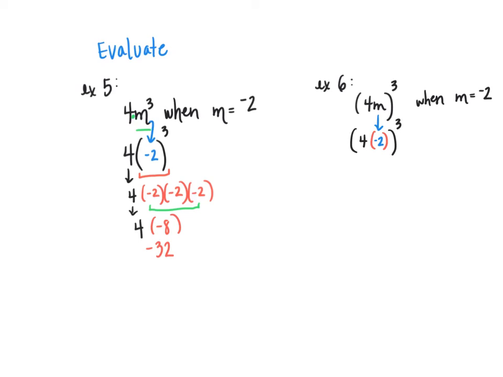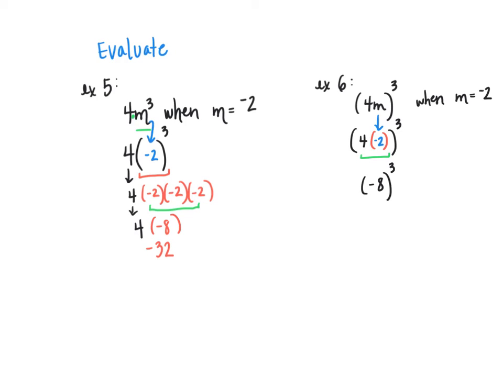All right, and then ask yourself, what do I do first? Well, I always start with my parentheses. Well, notice this time there is something to do inside your parentheses. So how do I simplify that parentheses? That's 4 times a -2, which is -8 to the third power.